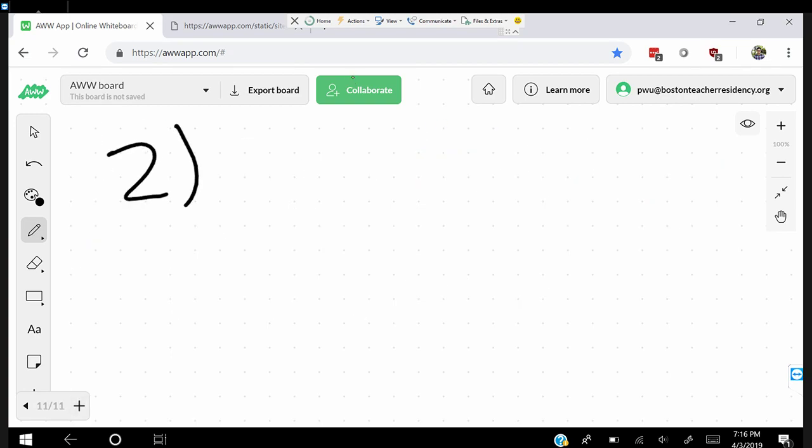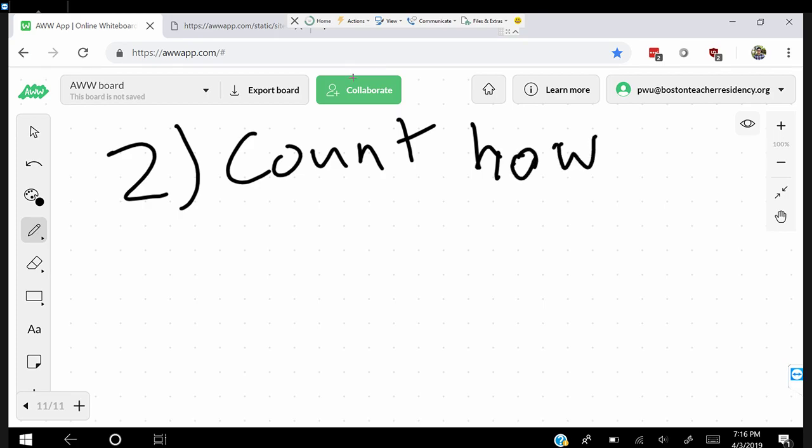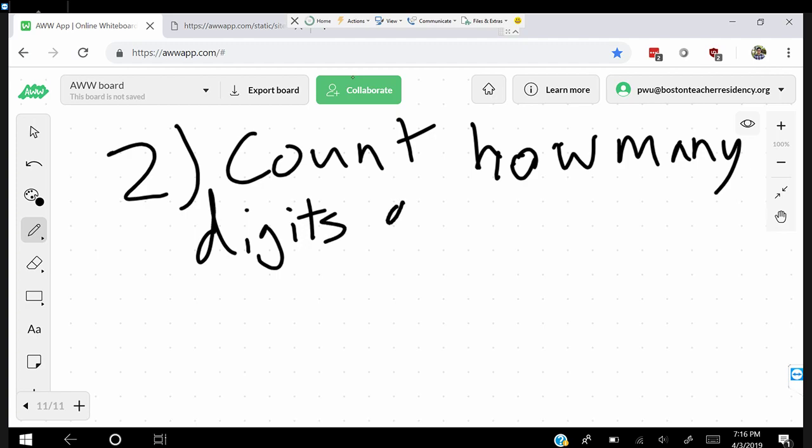Two, count how many numbers you have after decimal places. Or how many digits are after decimals.